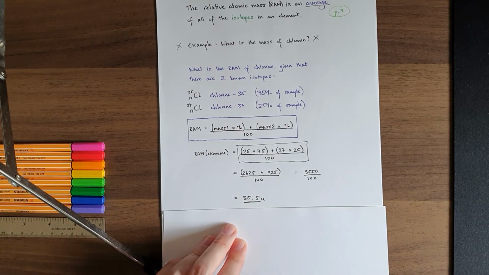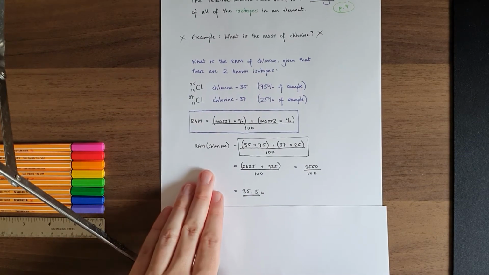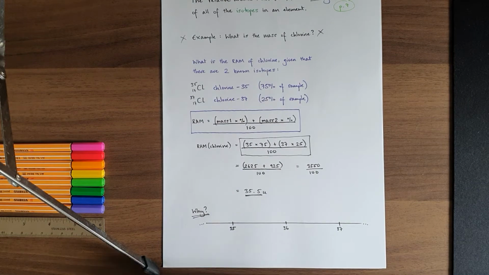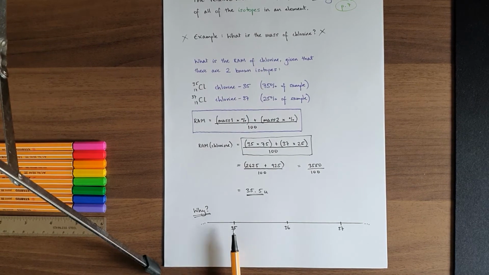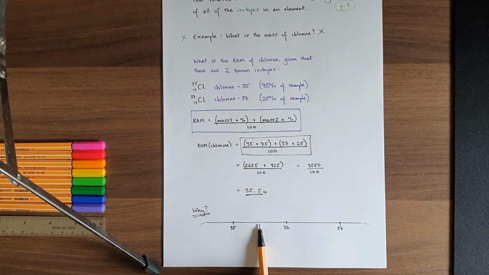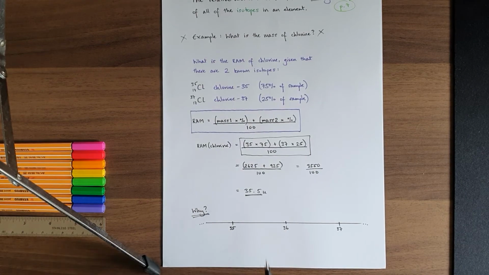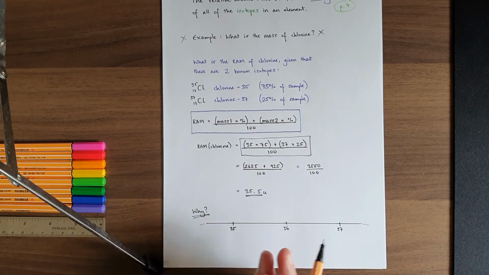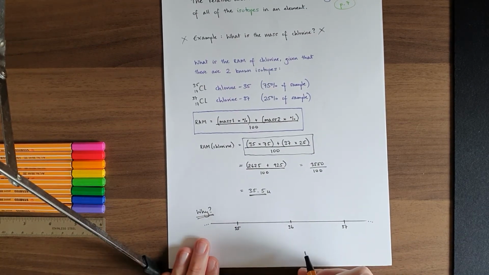And maybe a way to visualize that would be to think of a number line. And on this number line, I've drawn the positions of the exact masses. So 35, 36, 37. Now ours is 35.5, which is about here on the number line. So why is that? Well, let's think about where our isotopes exist.